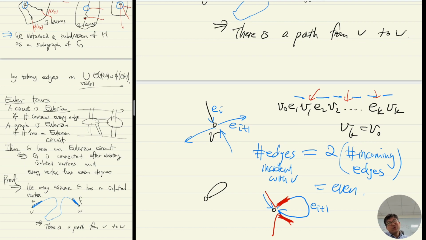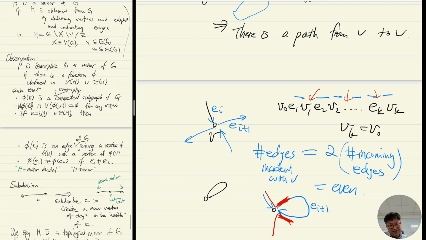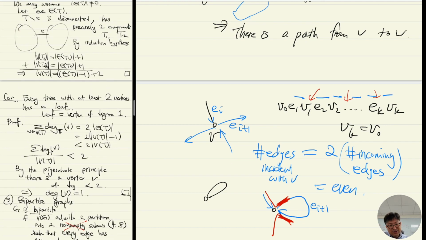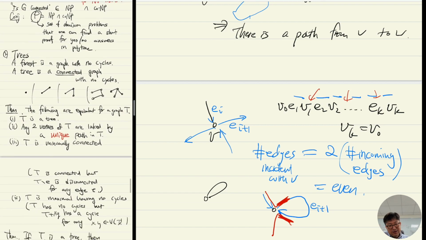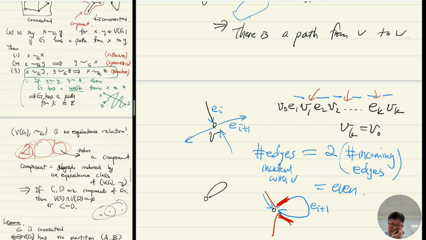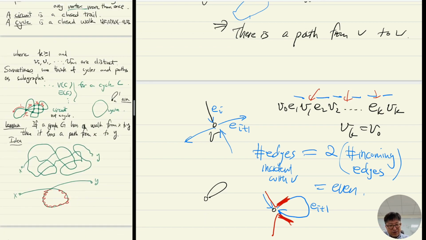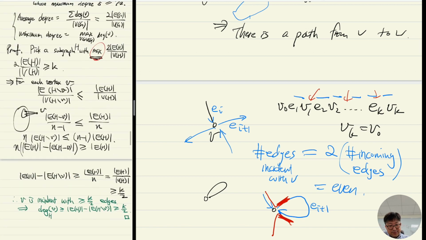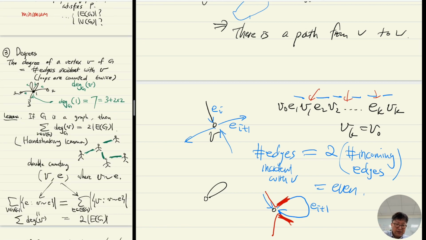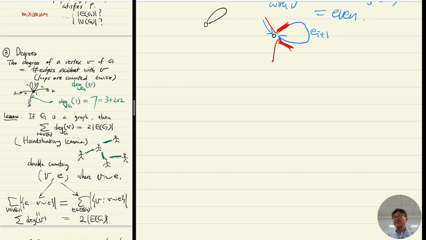And remember that when we defined the degree of the vertex, we made sure that loops are counted twice. So it doesn't matter. It's the same thing. So this is another reason why we prefer defining degree that way. Okay. Now that's all it was.